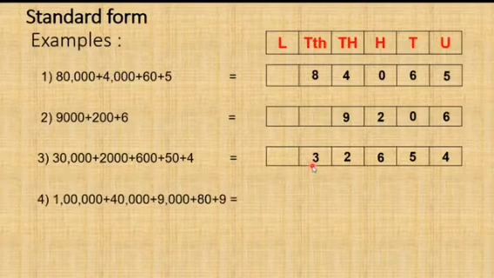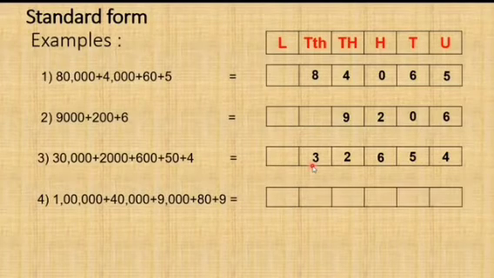Going on to another example. 1 lakh plus 40,000 plus 9,000 plus 80 plus 9. There's something missing there. Yes. Now we'll start with units place. 9, then 8. What do we have here?